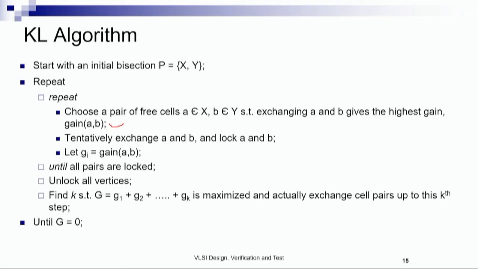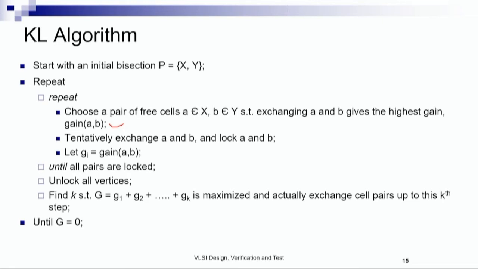We have to remember that many of these gains will actually be losses. Exchanging them did not provide me a decrease in cut size; it provided me an increase in cut size. Therefore, there will be a certain step K up to which we will have an effective and maximum decrease in cut size, and beyond that, we will not do exchanges.